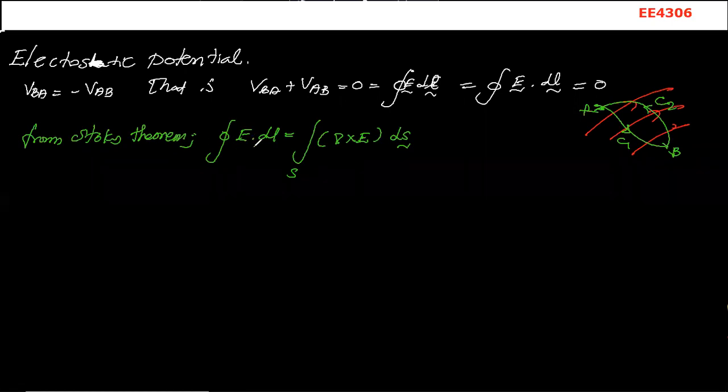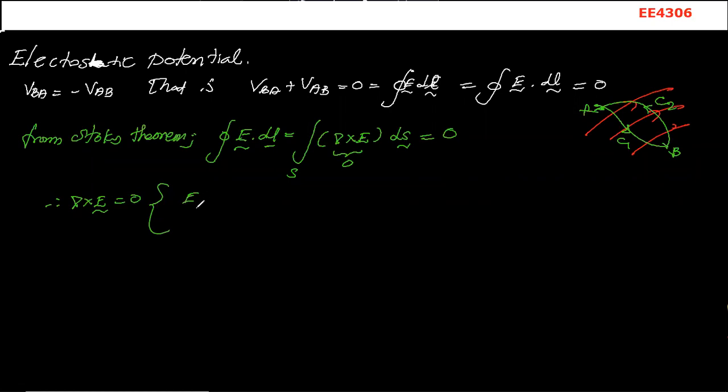If you do this line integration for the closed loop, this result becomes 0. Therefore, for this to equal 0, this term should be equal to 0. Therefore, curl E equals 0.